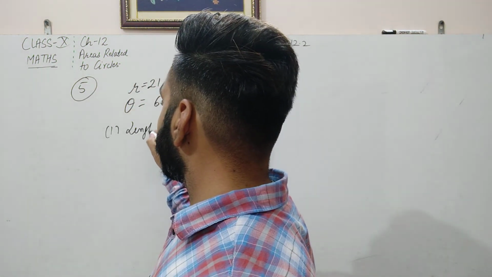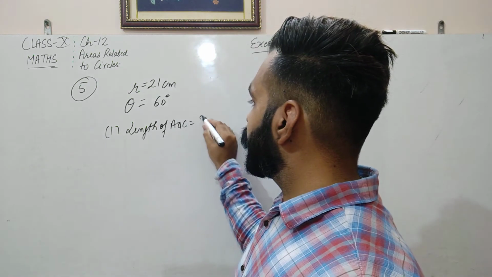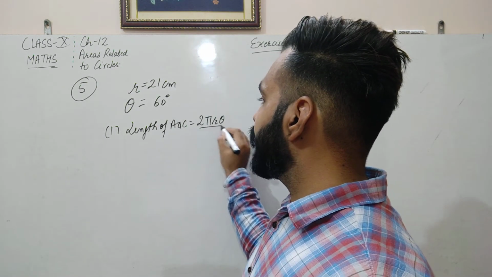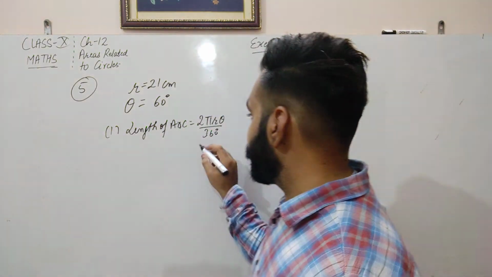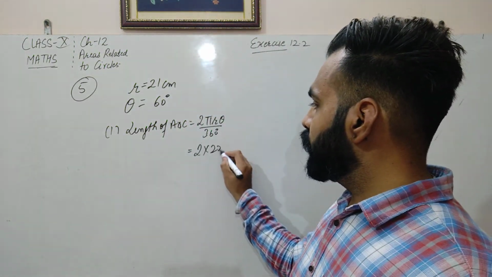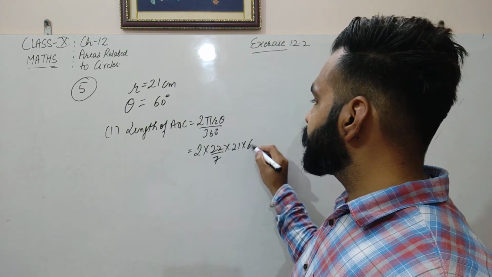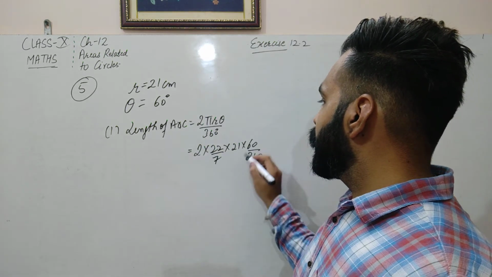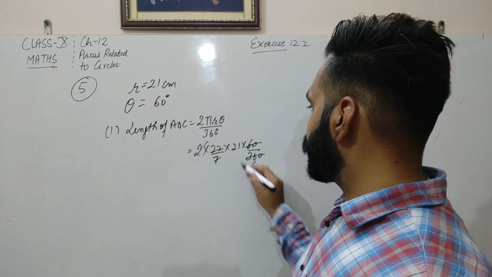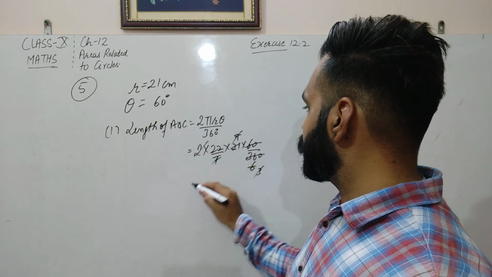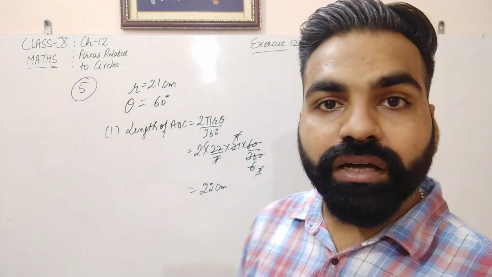So the formula of length of arc is 2 pi r theta divided by 360, or we can write pi r theta by 180. So this will be 2, 22 by 7, r is 21, theta is 60 divided by 360. 3 sevens are 21. So 22 centimeter is the length of the arc.